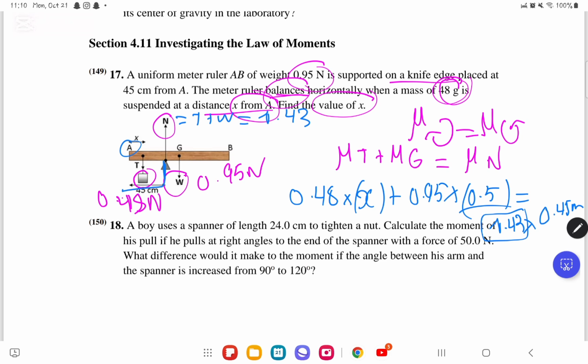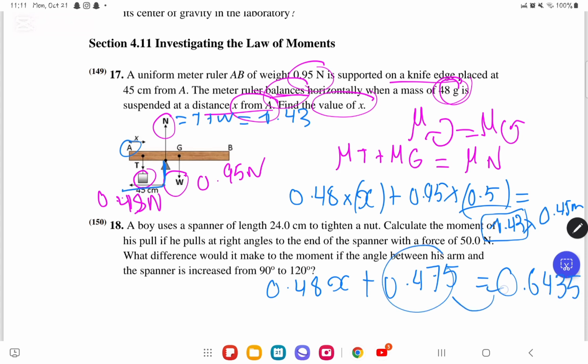So by solving, you get 0.48x plus 0.95 times 0.5, so it is 0.4475, is equal to 1.43 times 0.45. So it is 0.6435.